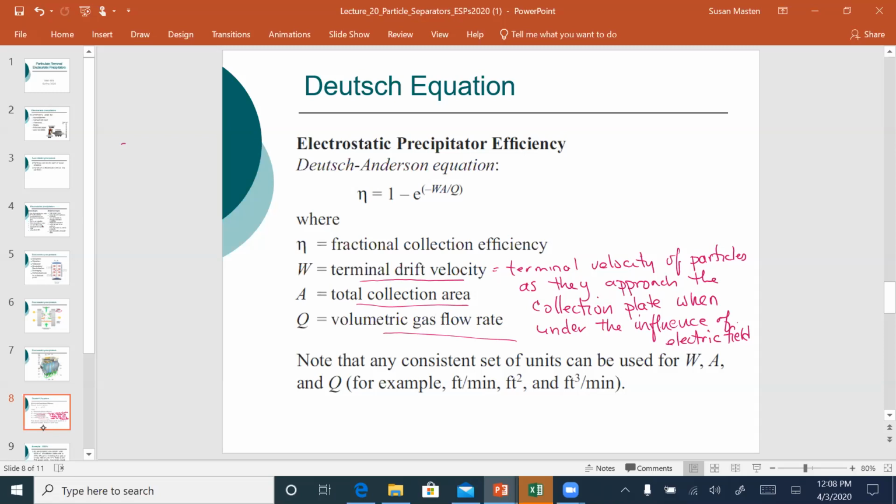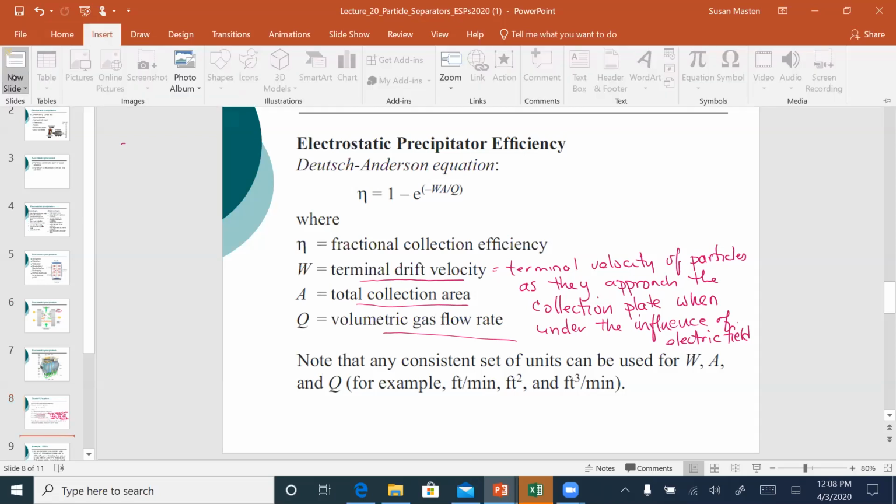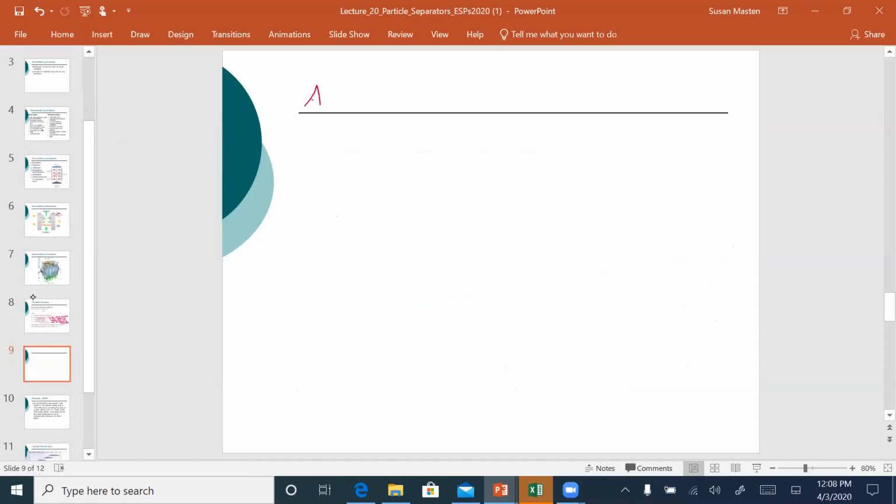There's a number of assumptions that we're making. One, that the gases and the particles move at a constant velocity, with no longitudinal mixing.